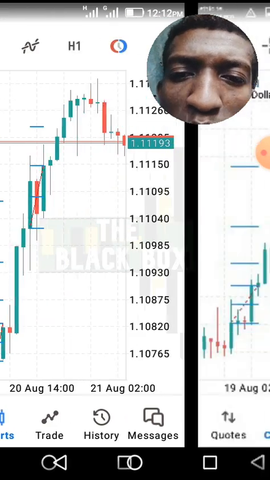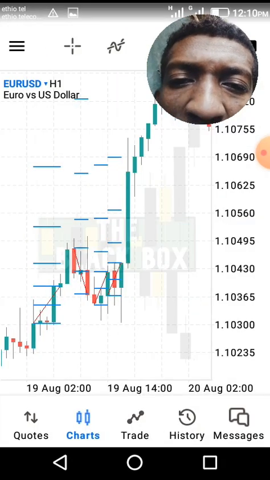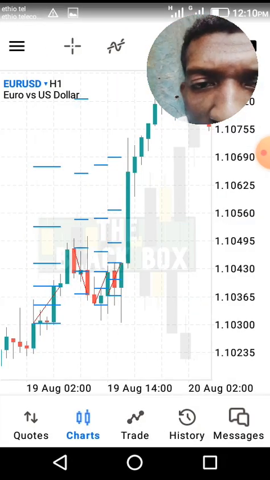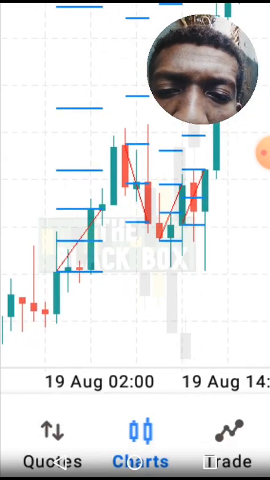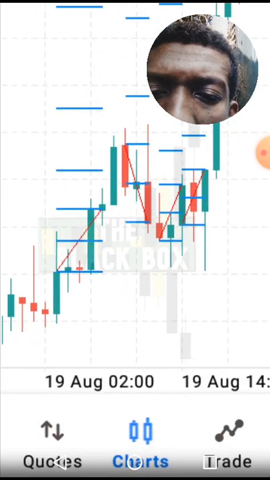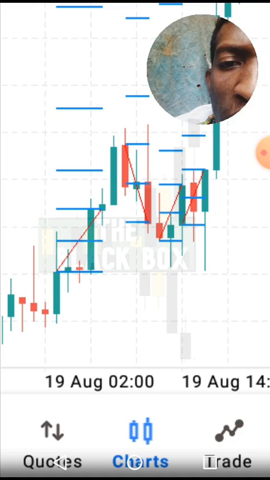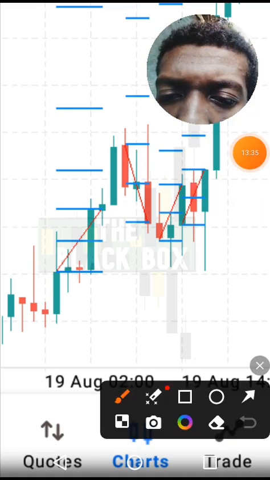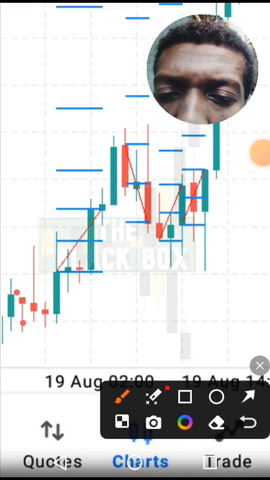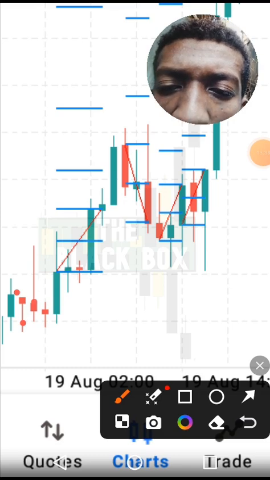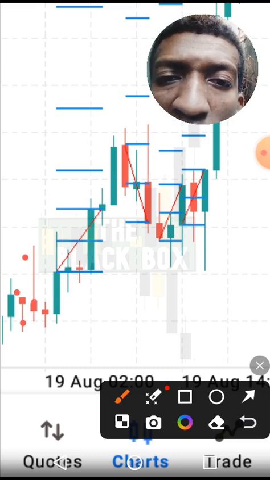So next, let's go to the next chart. Do you see any black box here? Yes, where? Down there. 1, 2, the red candle, 3. That thing broke. What is that? A buy.